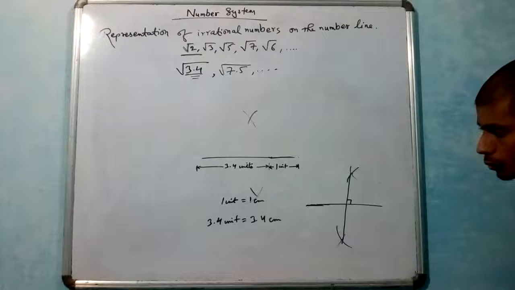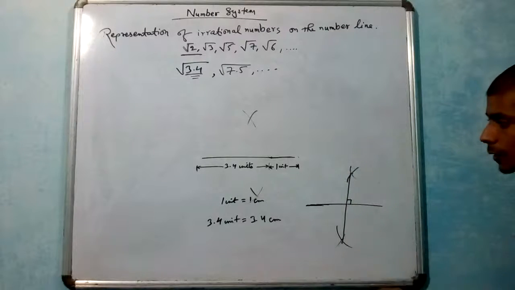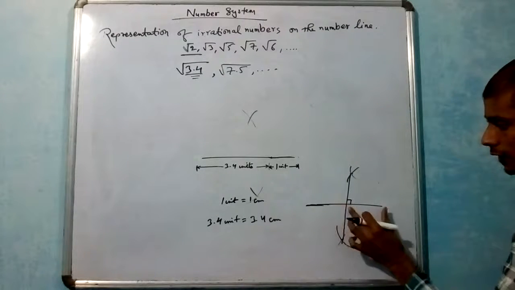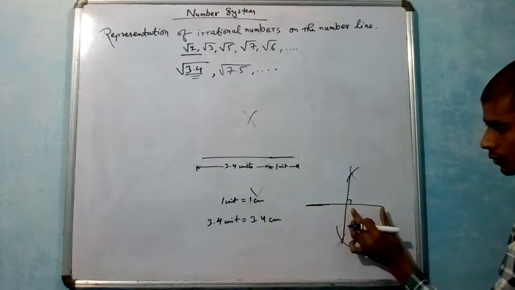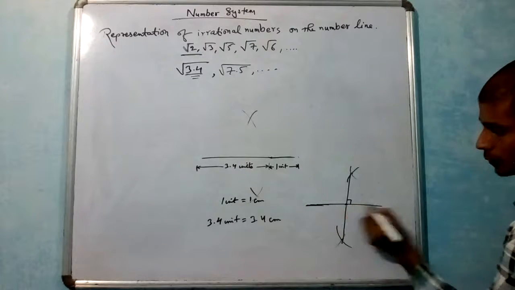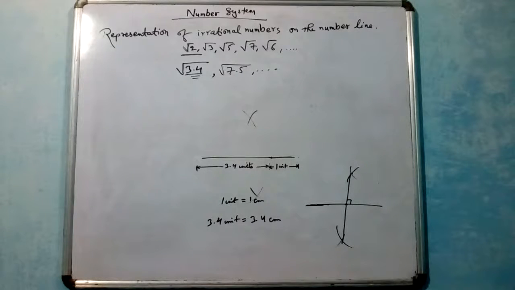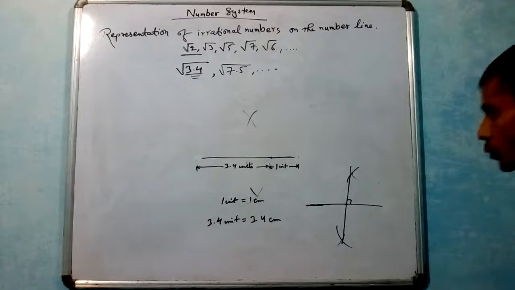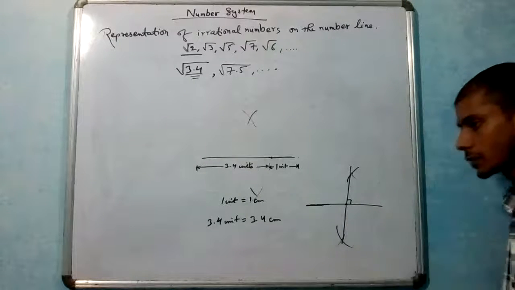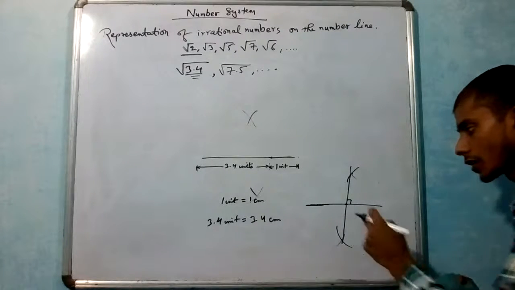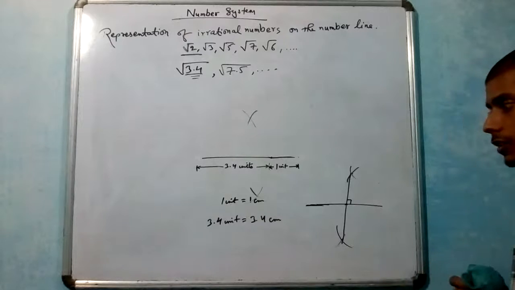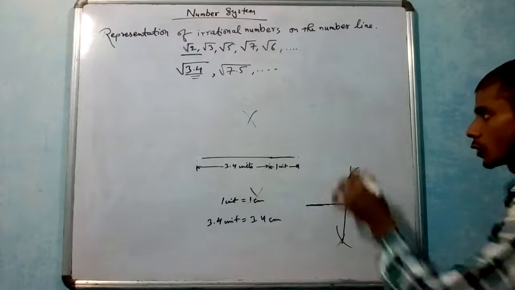Perpendicular bisector means it is perpendicular, making 90 degrees with this line, and bisector means dividing it into 2 equal halves. This is the middle point of this line. You can do it for any random line, no problem. No need to measure how many centimeters and then divide by 2 and measure again, errors will come in that.